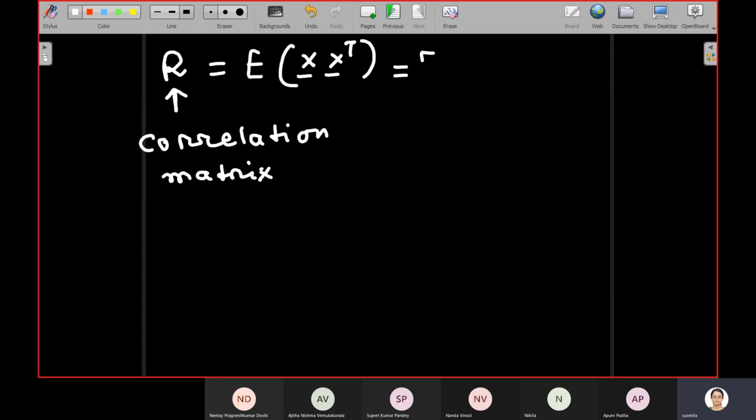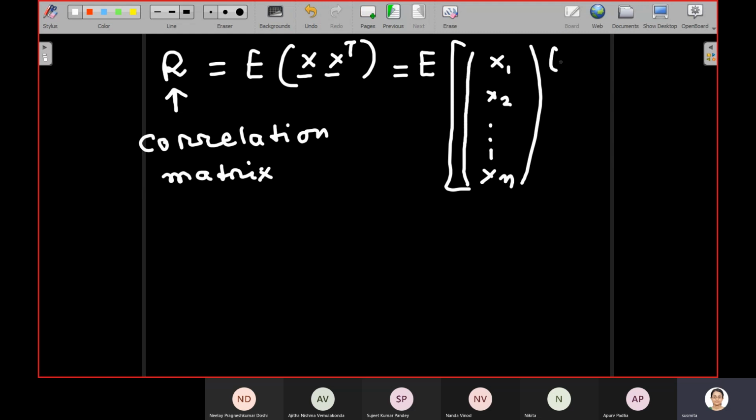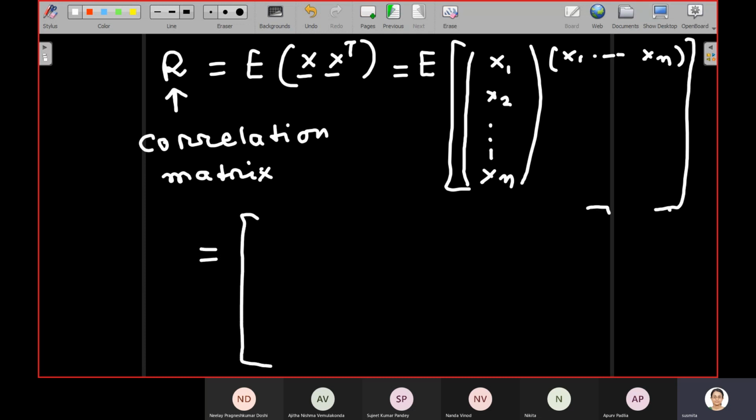Now the expectation in this case has to operate on both x and x transpose. X means x1, x2, up to xn, okay? And then we have the transpose of that, right? So we have xn. Now if we multiply the individual terms, we basically have a matrix, right?